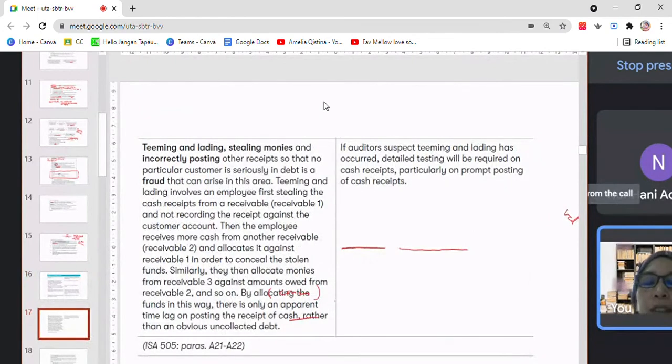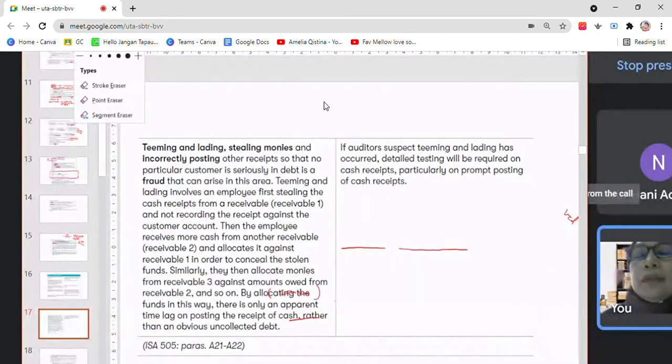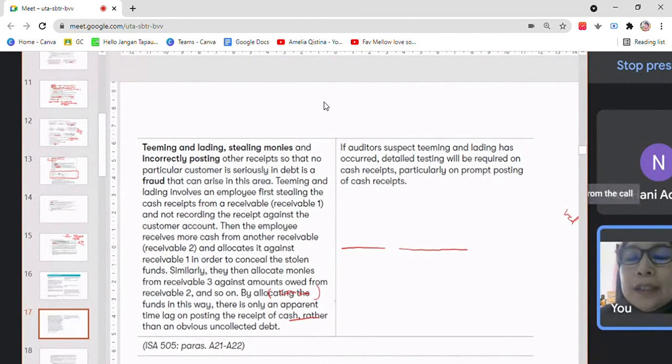So this is teaming and lading explanation. I hope you can read. Have you heard the words teaming and lading before? I think we did it in test of control. So what are the actual procedures for teaming and lading?